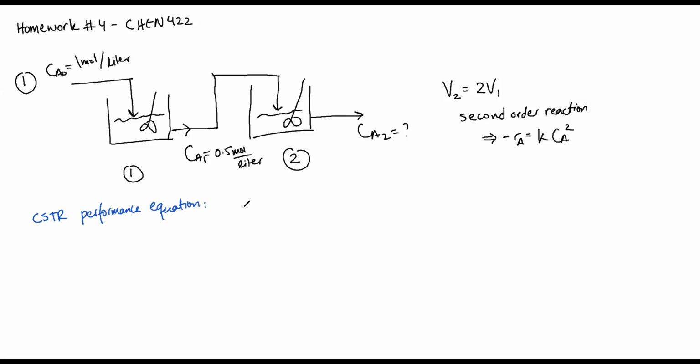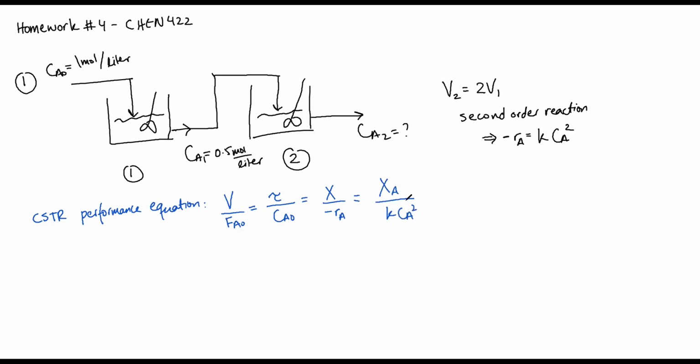If you recall, the CSTR performance equation is V over FA0 is equal to tau over CA0 is equal to XA over minus RA, or for second order kinetics, I'm going to rewrite this as XA over K CA squared, right?